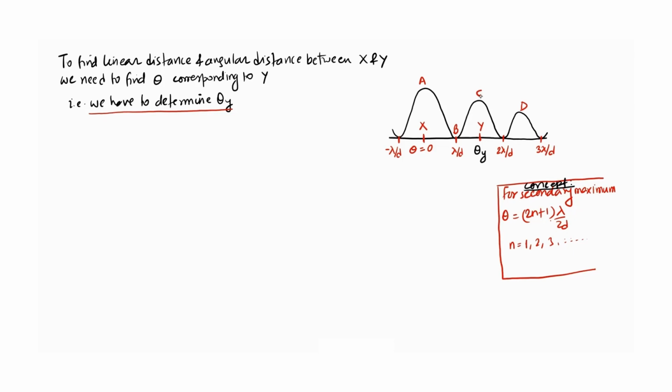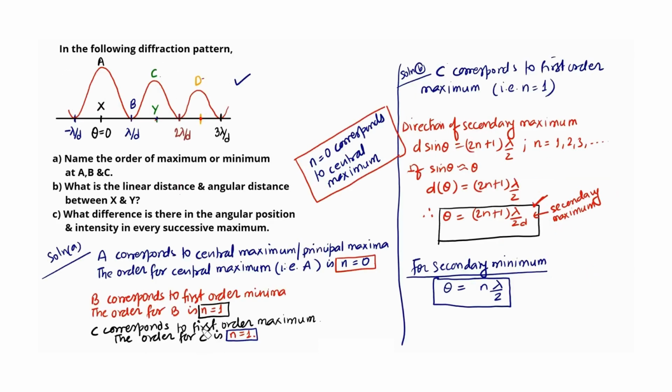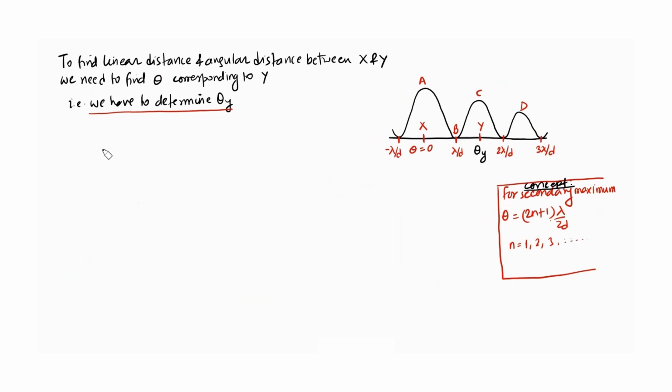We can see in this diffraction pattern, C corresponds to secondary maximum of first order, as we discussed earlier, and D corresponds to secondary maximum of second order. So we have to take n equals 1.